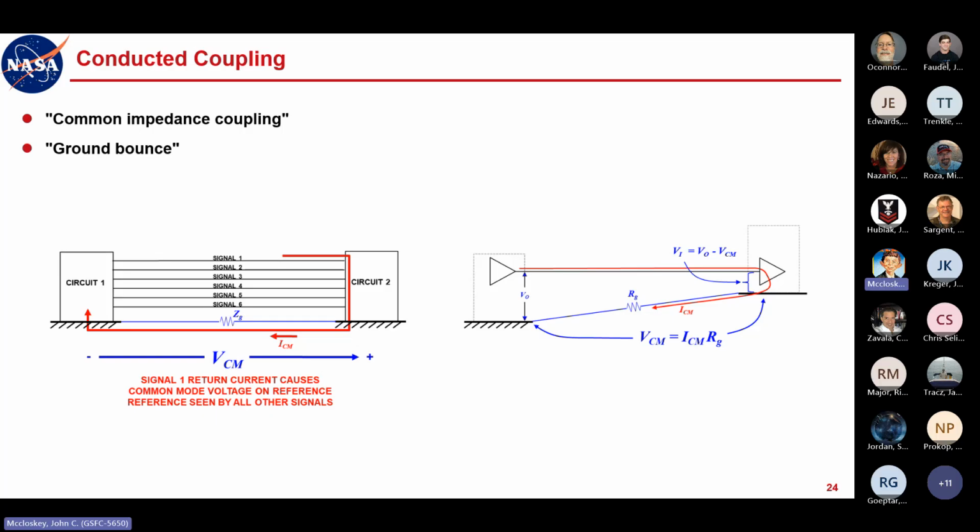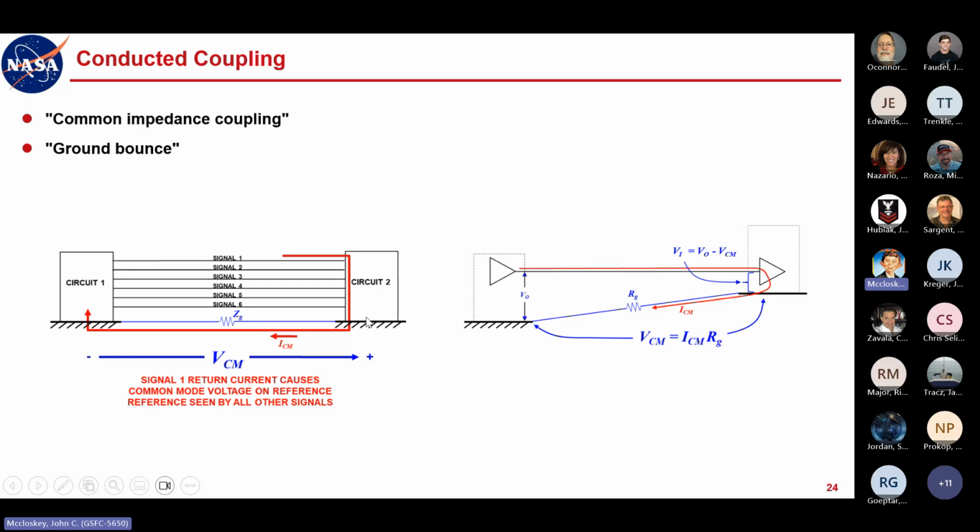But when you are dropping a potential across an impedance, some current will flow, and it's got to get back to the source. Kirchhoff says so, or Mother Nature says so, and Kirchhoff was the reporter. So that current has to come back to the source, and all the currents from these signals are going to come back on a shared path. That can create a potential difference between these two circuit references.